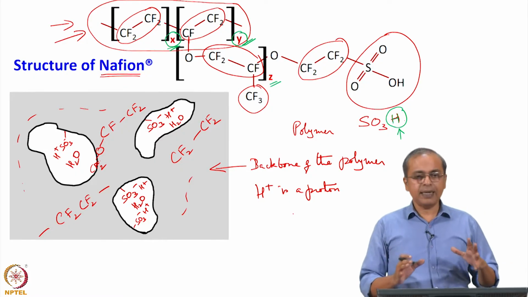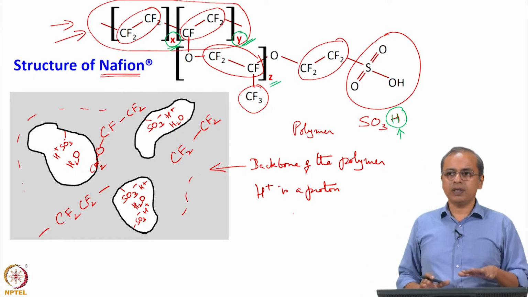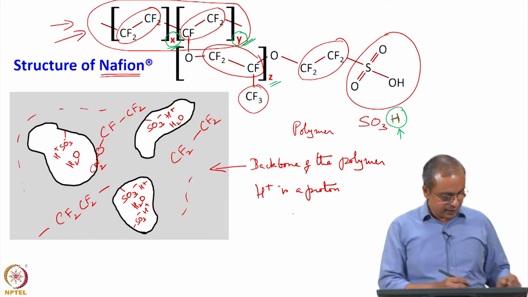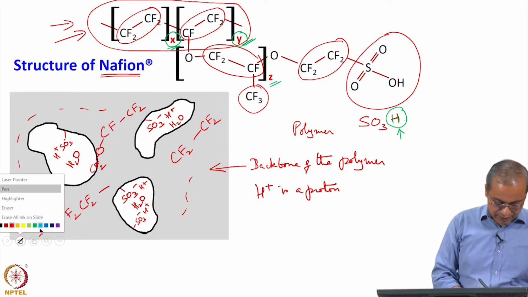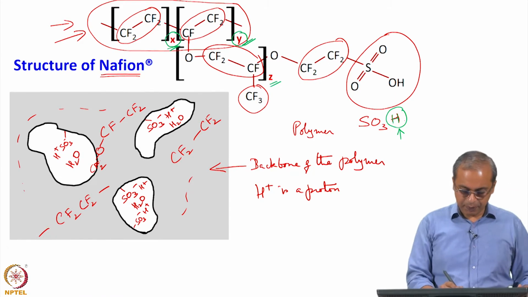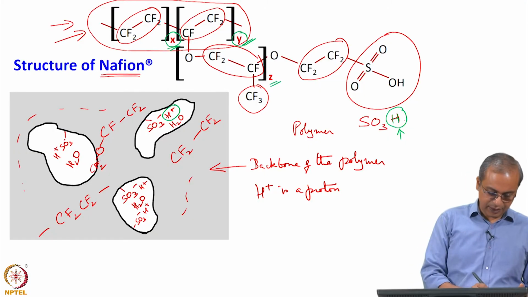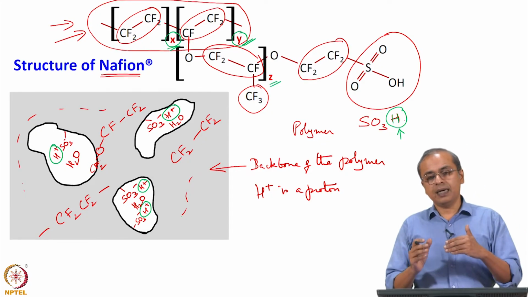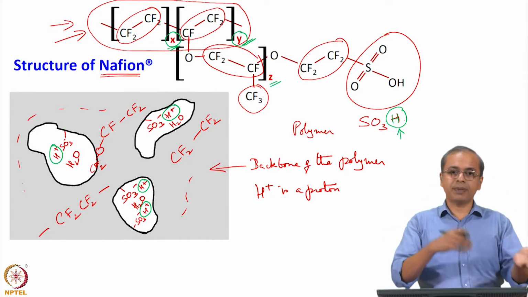There are some other interesting aspects of this membrane, which is what makes it interesting for our application, and one of them is the fact that this H plus that you have here, and you have here, we just have a few examples of it here, this H plus can be exchanged for some other ion.